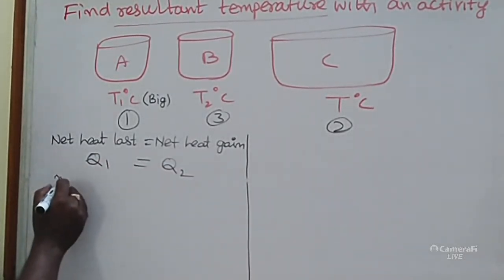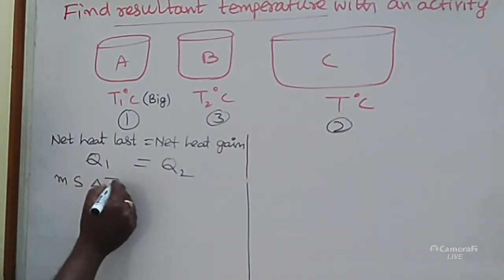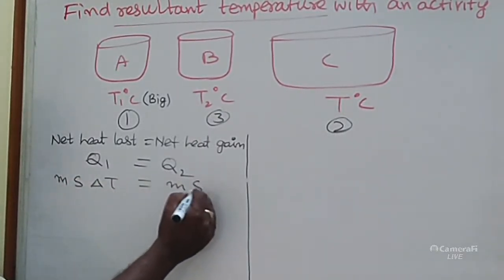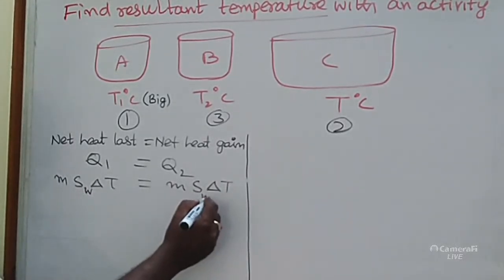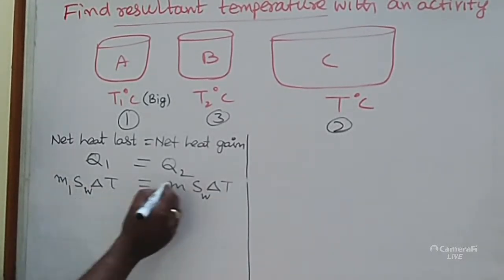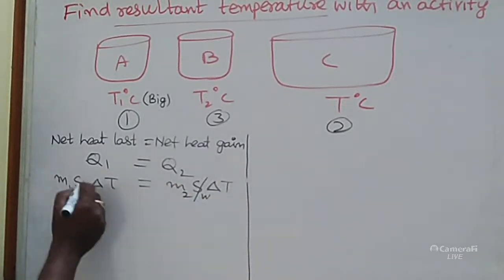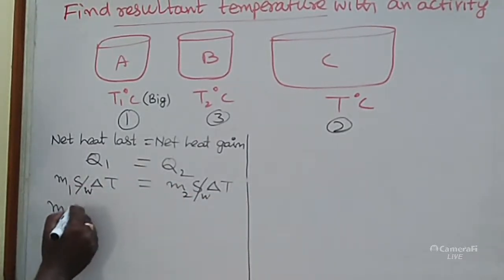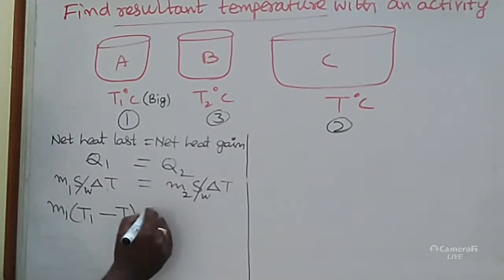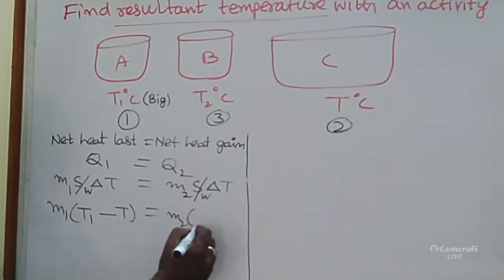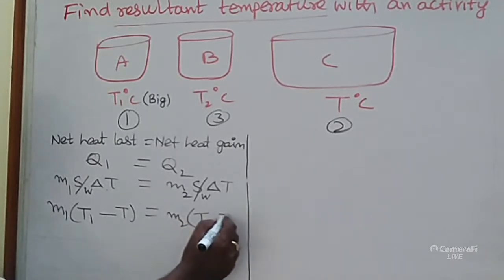Q1 means m s delta T, here also m s delta T. This one is water, this one is water, so M1, M2, this cancels. So M1 into, which one is big? T1 minus T. M2 into T minus T2.